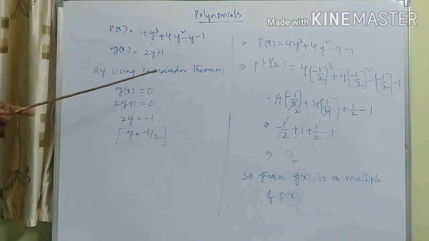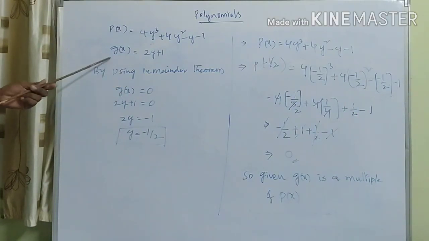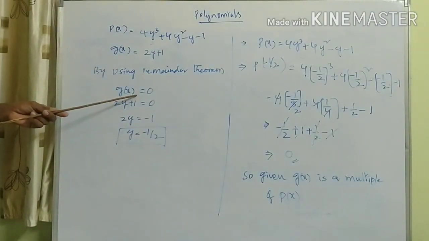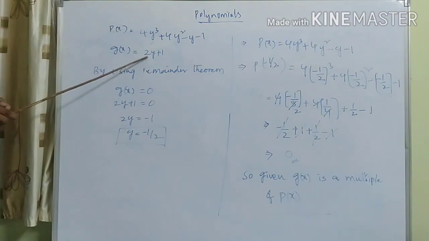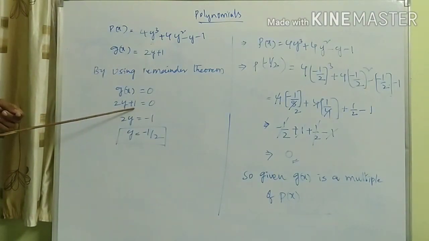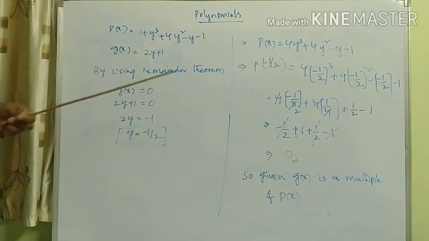By using the remainder theorem, equating g of x to 0. So here g of x is 2y plus 1, so 2y plus 1 is equal to 0. Let 2y be equal to minus 1, plus 1 transposes to minus 1, and y is equal to minus 1 by 2, since multiplication transposes to division.